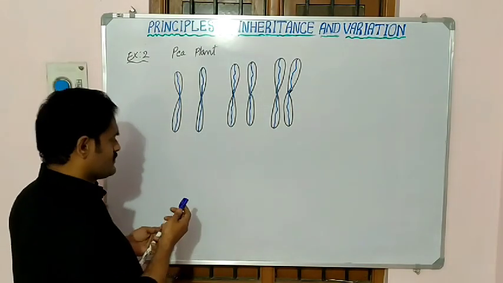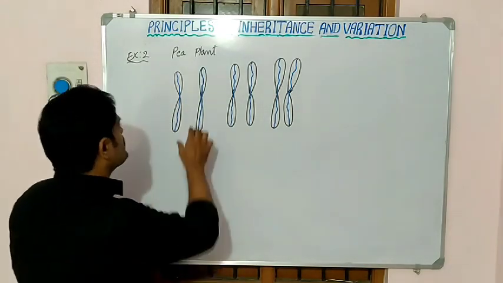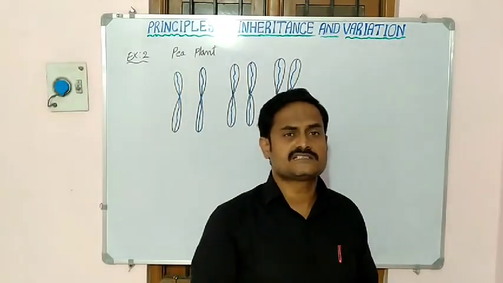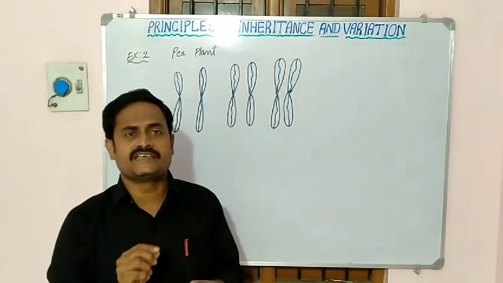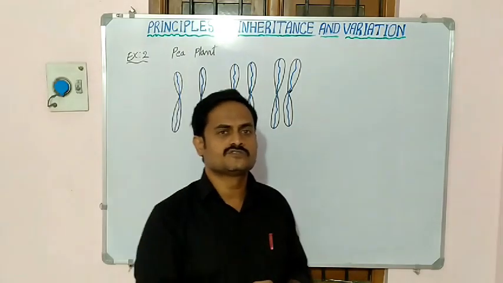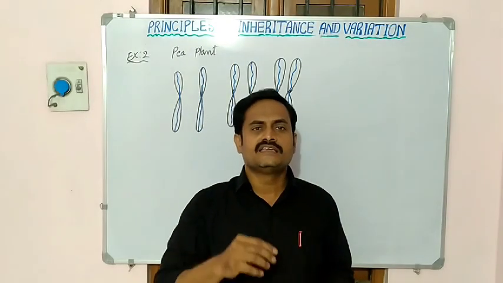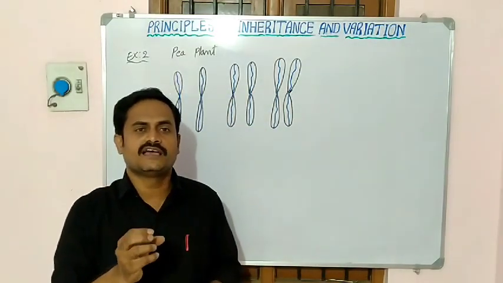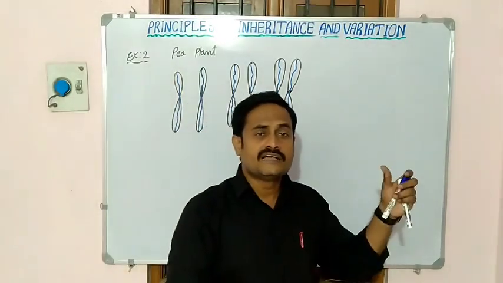See here, for example, I will take the seed shape and the size of the starch grains. So how do the chromosomes or DNA control the seed shape as well as the starch grains inside the grain?